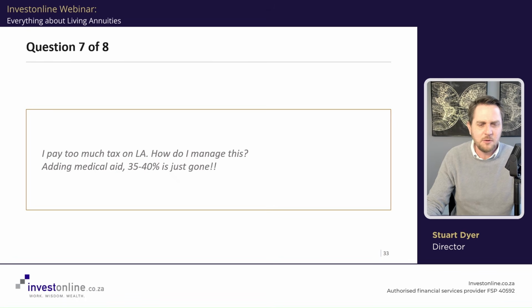Now you get to retirement, you potentially have less flexibility on your tax planning in retirement if you don't have other assets to combine your income with. So to say how to manage it, it really depends on what the situation is. I think a basic one is, if you do have other investment assets, is to split your income between the living annuity.